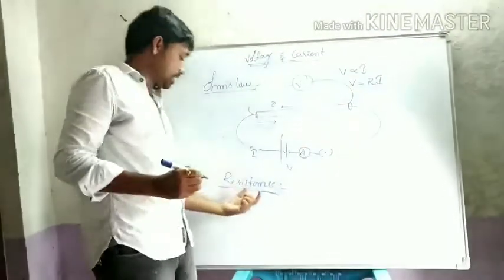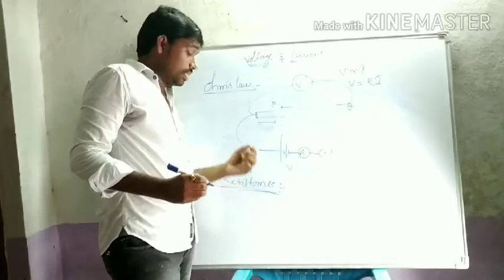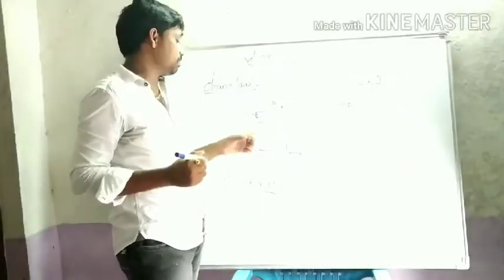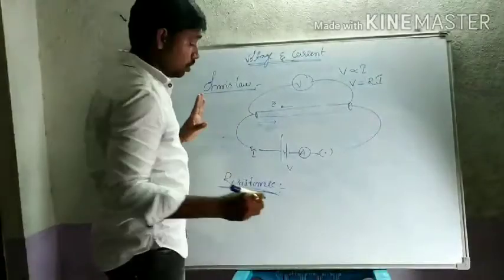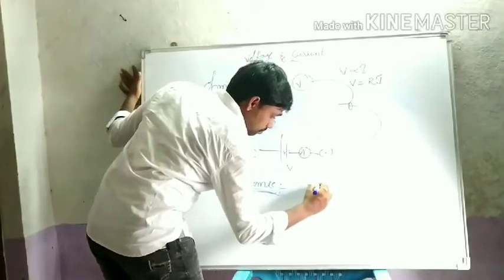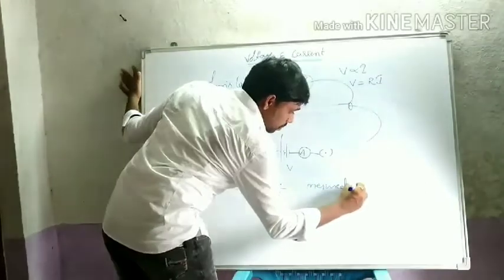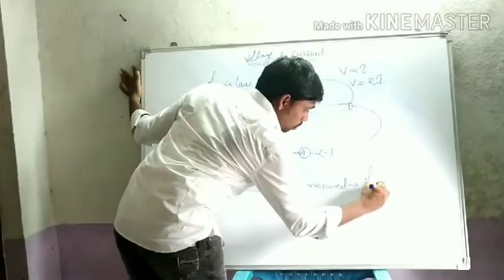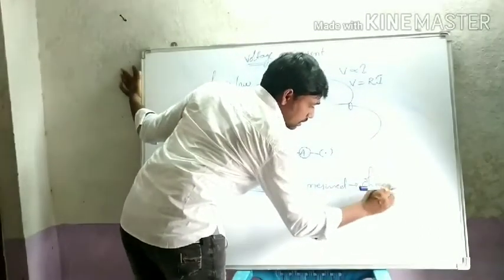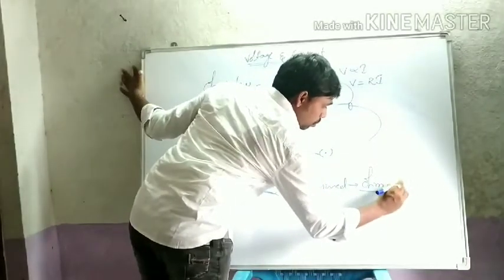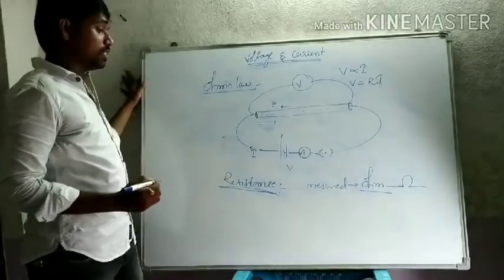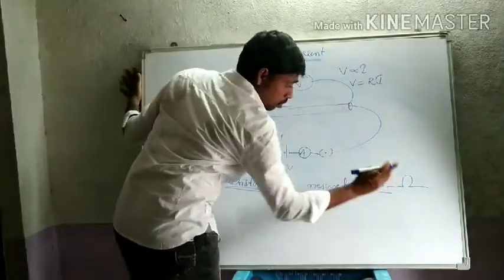So resistance means the opposition offered to the flow of electrons in the conductor. Resistance is measured in ohms. The symbolic unit is omega, which is the symbolic representation of ohm.